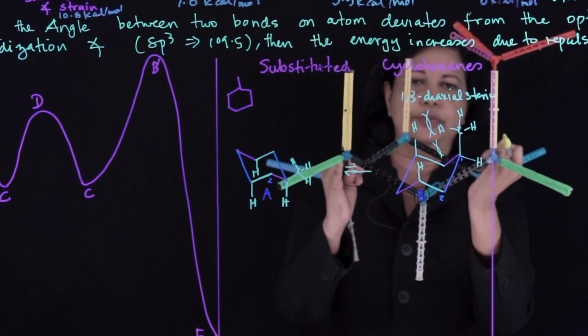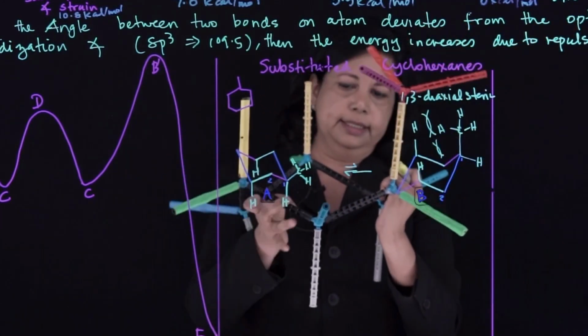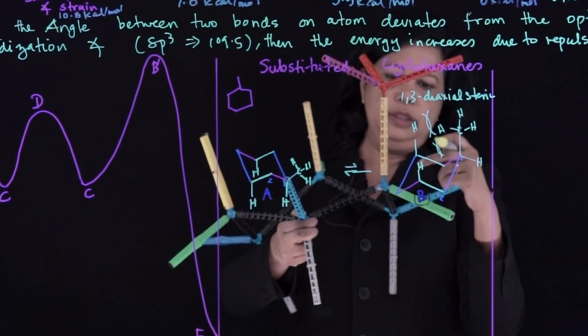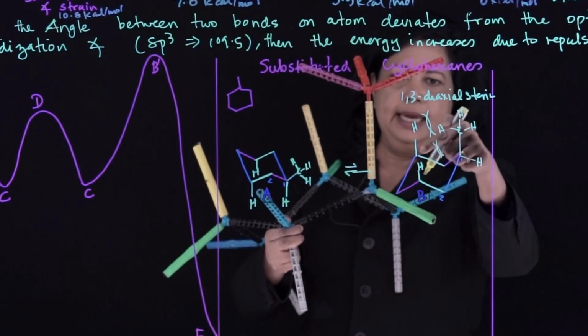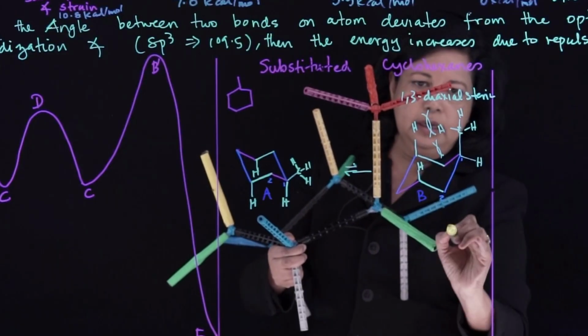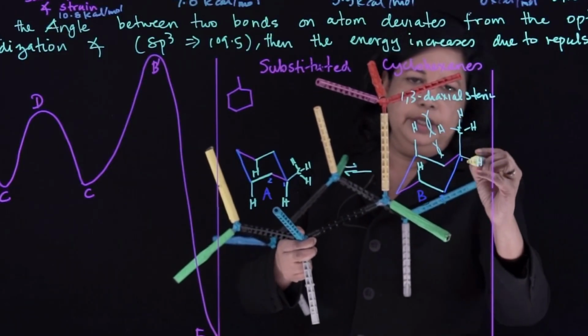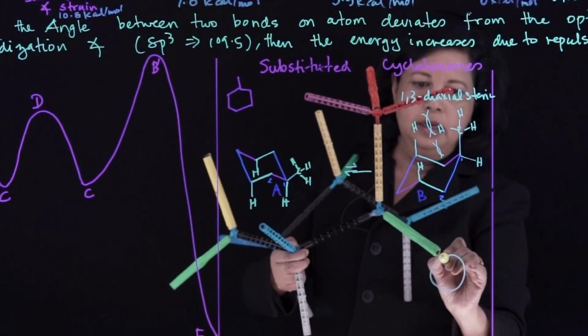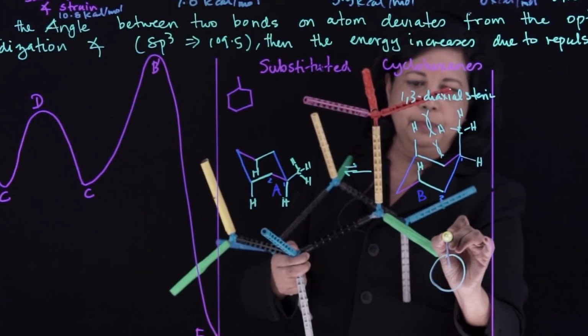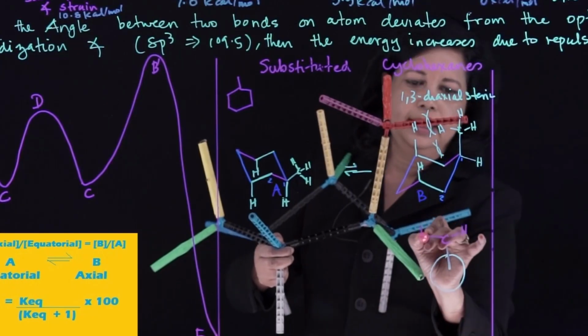Let's draw this out first. It's just like this. So here is your front carbon. So you're pretty much looking at it like this and like this. So your front carbon is going to be number 1, and you're going to go up CH, H, H.